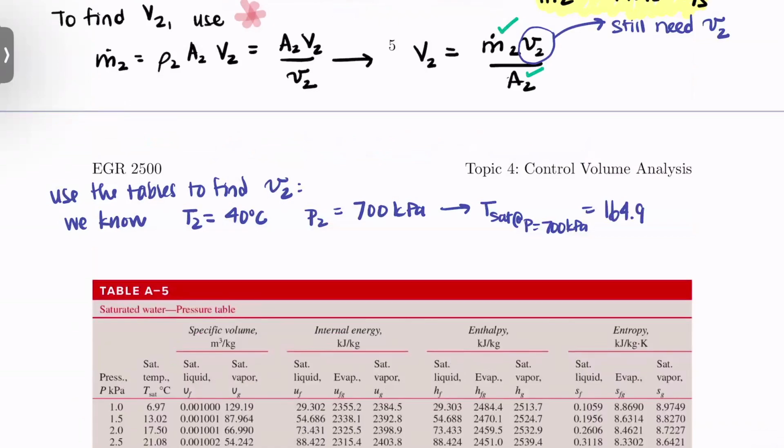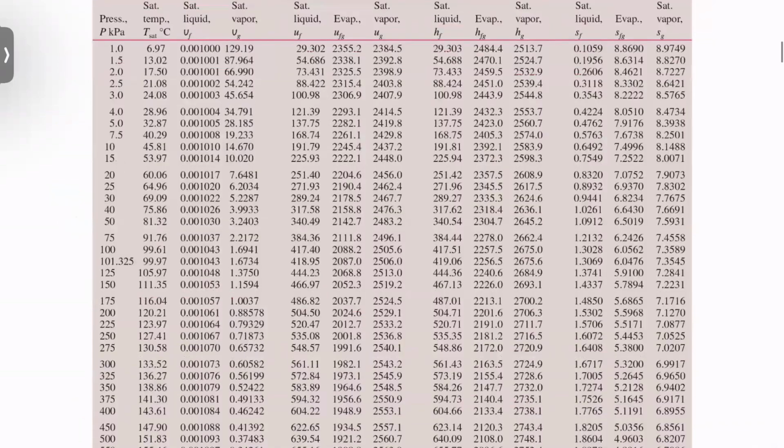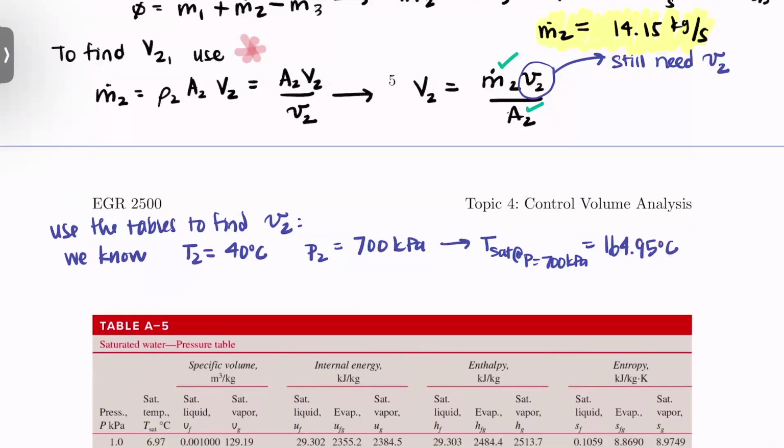Is it 95 or 4? 95 degrees C. So we are quite a bit below our saturation temperature. So what does that indicate to us? I heard words. Yes, compressed liquid. So this is a compressed liquid.